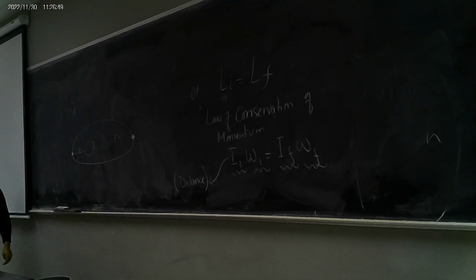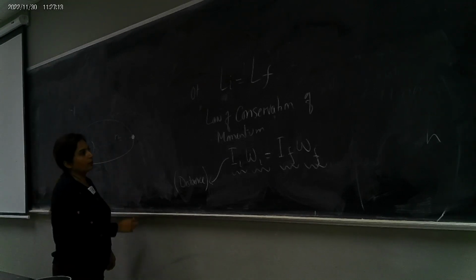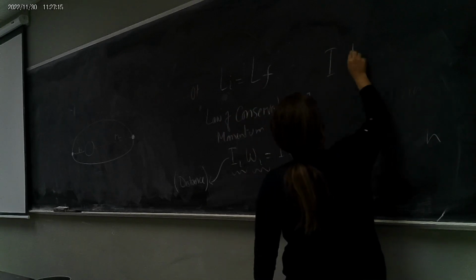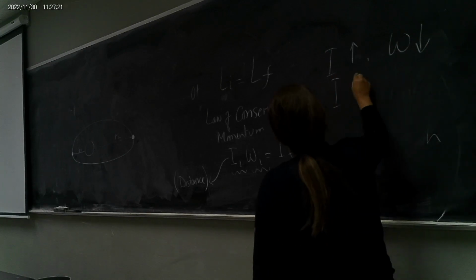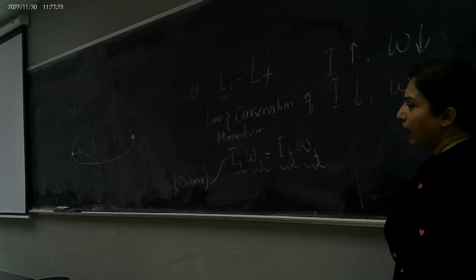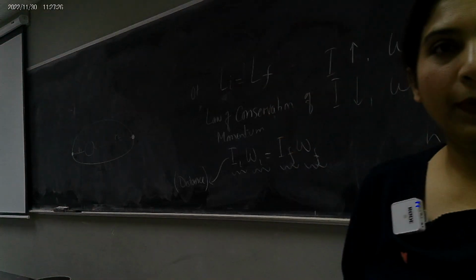That would make the object slow down when the moment of inertia is greater. So when I is greater, omega should decrease. When I is lower, omega should increase. Why are they doing it? In order to conserve the angular momentum.